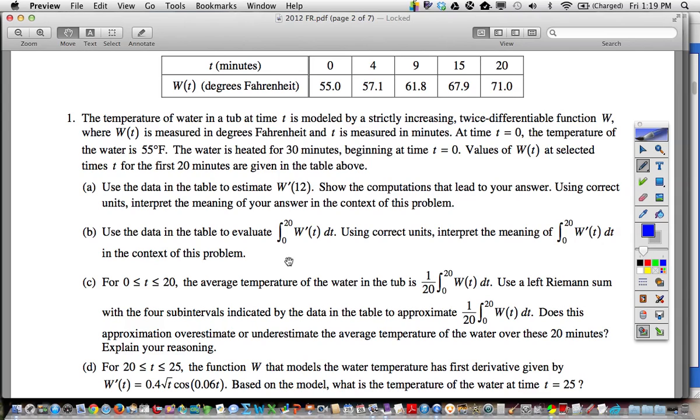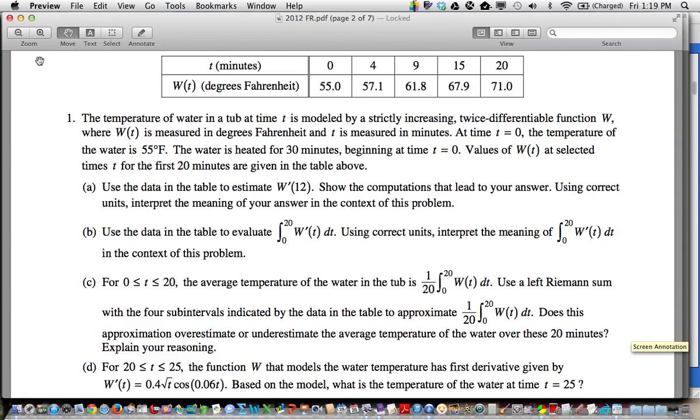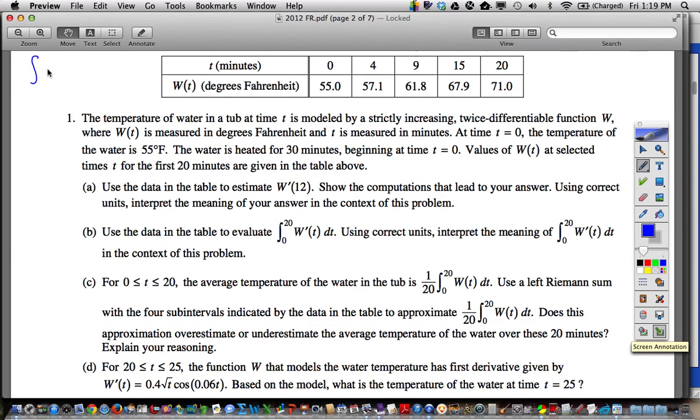Look at part C. Remember when we did that a few days ago? We couldn't do it, right? You guys were like, Riemann, what the heck? Now we know. Now, let's talk about a couple parts. So we're going to go ahead and do this one real quick.